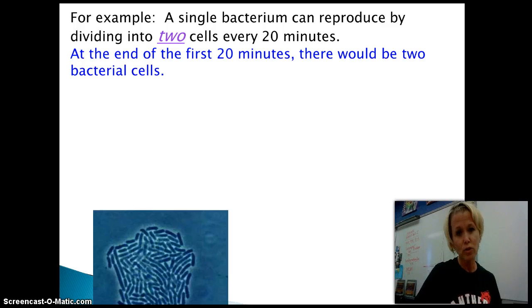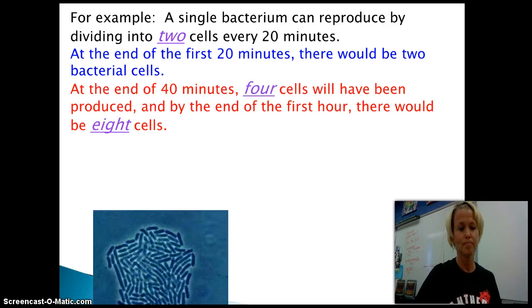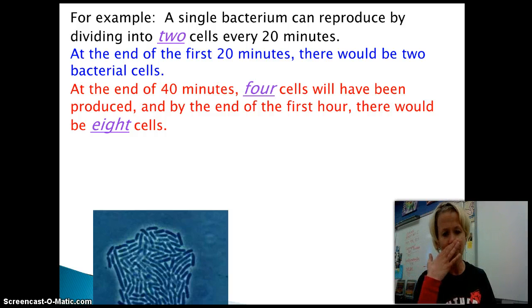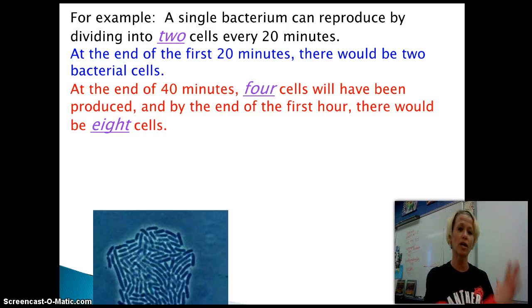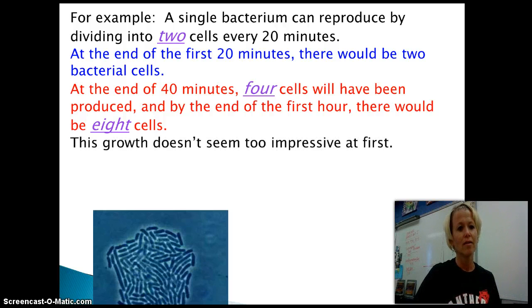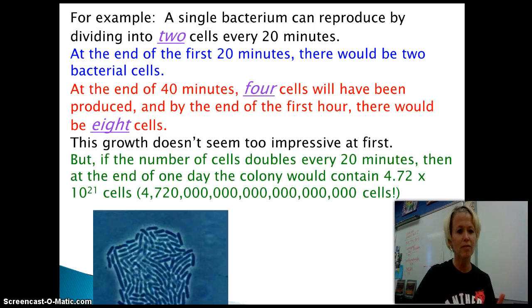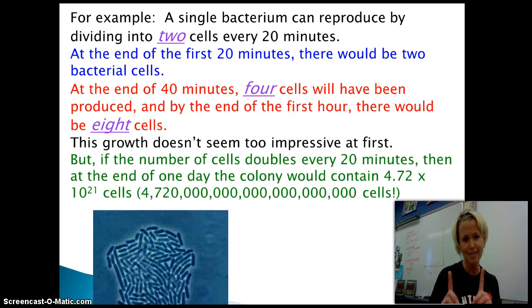So at the end of the first 20 minutes, we'd have 2 bacteria. And at the end of 40 minutes, 4 cells would have been produced. And then by the end of the first hour, so now we've got 60 minutes, we'd have 8 cells. This growth doesn't seem too impressive at first, but here's where it starts to get crazy.